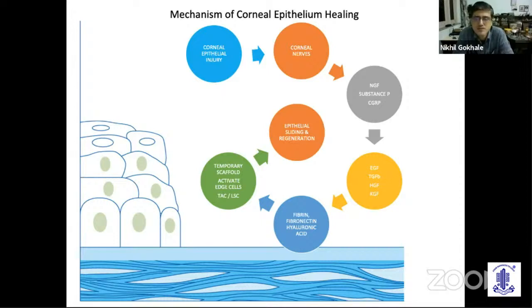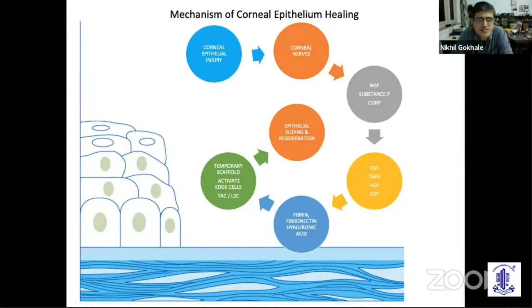And in the presence of growth factors such as epithelial growth factor and TGF-beta and several others, there is a release of fibrin, fibronectin, and hyaluronic acid. So there is an upregulation of pathways which lead to a production of fibronectin and hyaluronic acid, which then form a temporary scaffold which helps the epithelial cells to slide over and heal and bridge the defect.